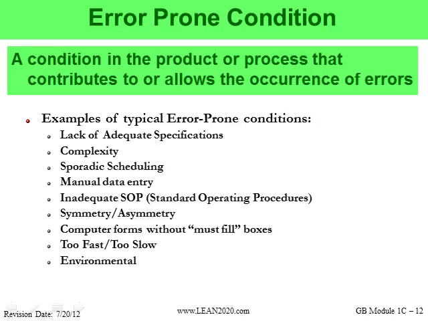When we have complex processes, or complex tooling, or symmetrical tooling, where we've got the opportunity to put a product on a machine that could go on a number of different ways, and we haven't established an odd hole or unique sets of tooling, those are all opportunities for errors.